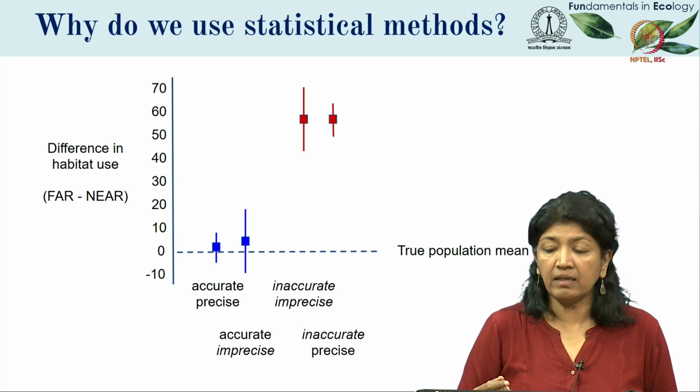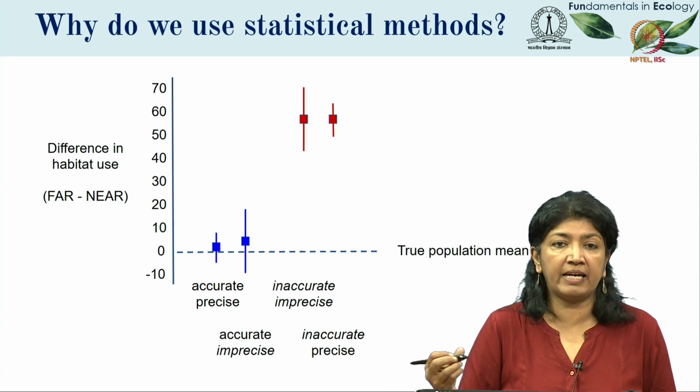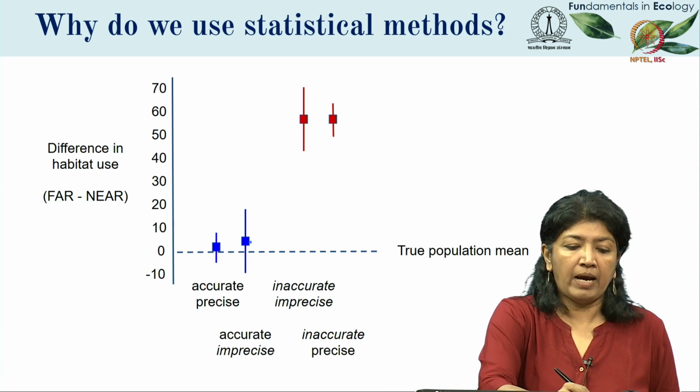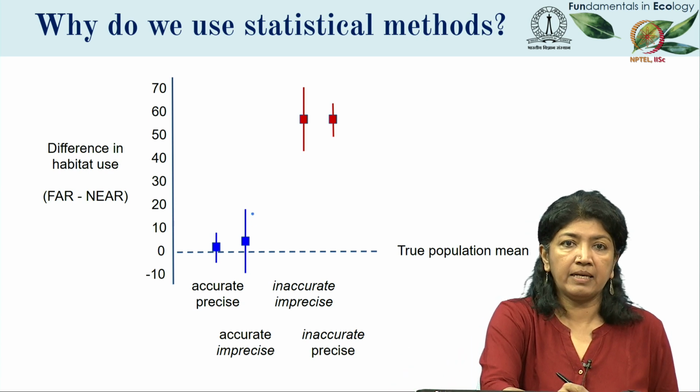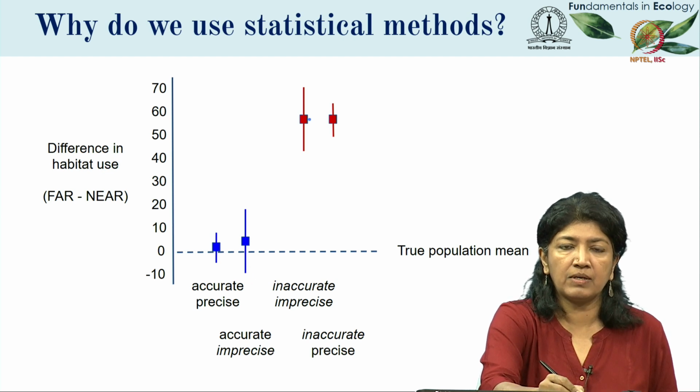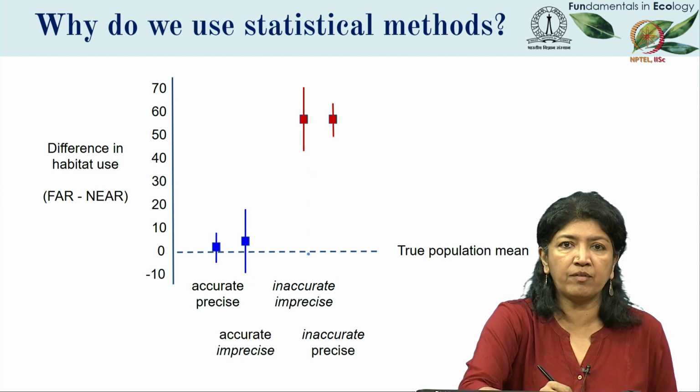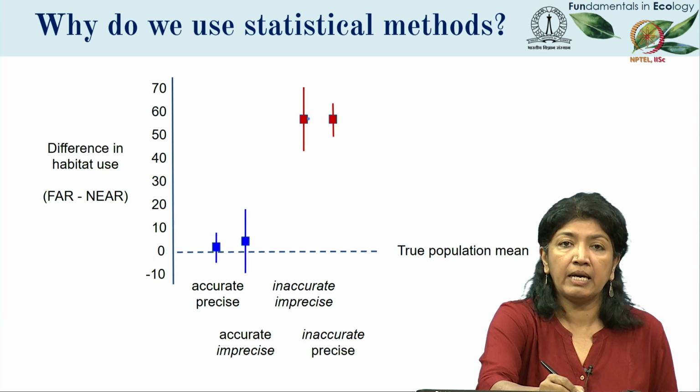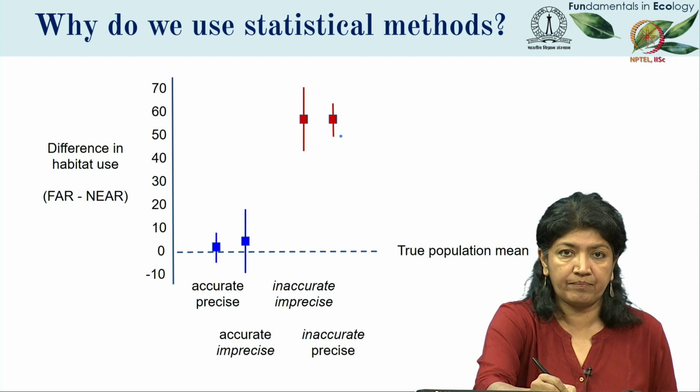However, we could get these other situations here again. So, accurate but imprecise, large error bar; inaccurate because the mean estimate is far away from the true population mean, inaccurate and imprecise; inaccurate but precise.